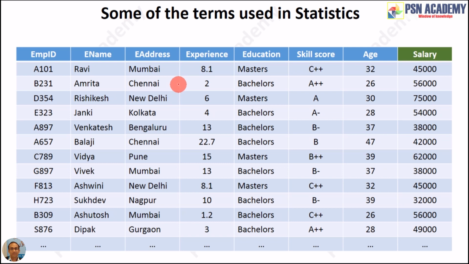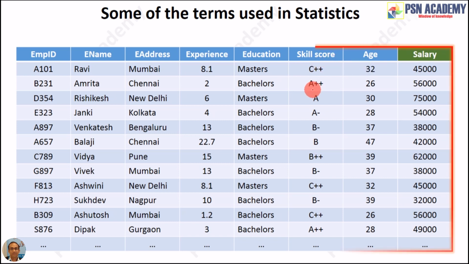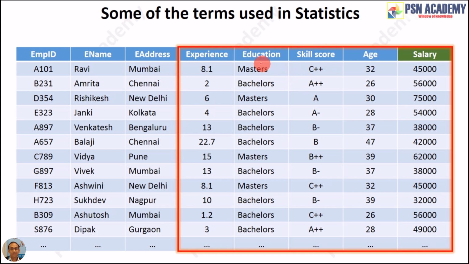By intuition, we can say that the salary structure does not depend upon the employee ID or name or address. Rather, it depends upon experience, education level, skill score level, and age, that is seniority, right? So, we filter out this part of the dataset with only experience, education, skill score, age, and salary.